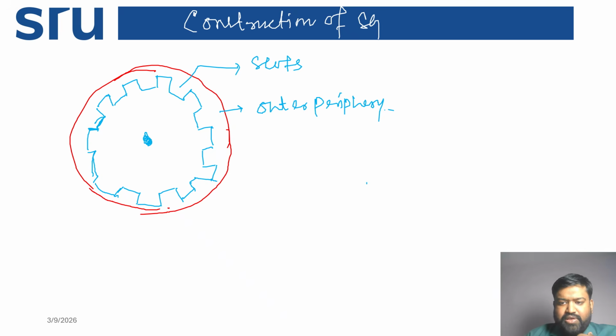By the process you will understand what rotor I am drawing. That basically depends on the types. The first type I will explain here: suppose the rotor is salient pole, what will happen? These poles and the rotor bars are projected outside, like this shape.